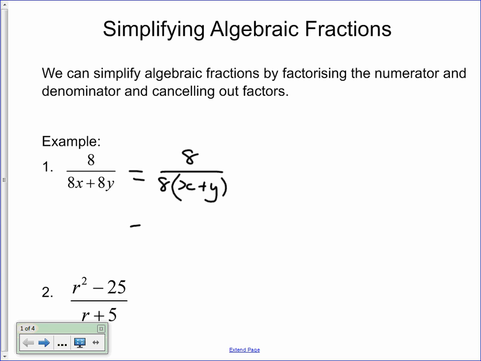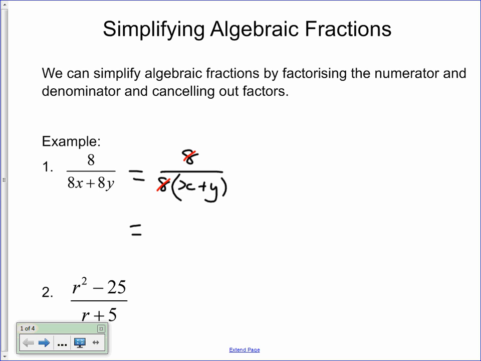Now we can see something here. What can we see about this fraction? You have a common factor of 8 on top, you have a common factor on bottom. What do the 8s do? They cancel each other out.